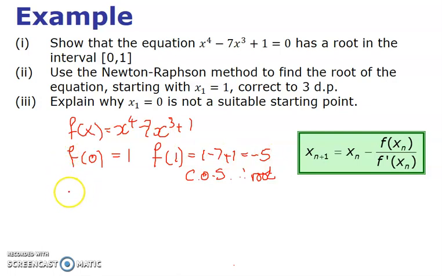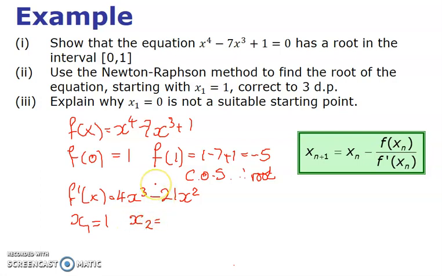Use Newton-Raphson. Well, if I'm going to use Newton-Raphson I need f dash x, and that's 4x cubed minus 21x squared, and therefore I can take x1 equals 1 as my first number, so x2 then. Just using the answer button, start off with 1 equals, always remember that step, otherwise you end up typing a lot.